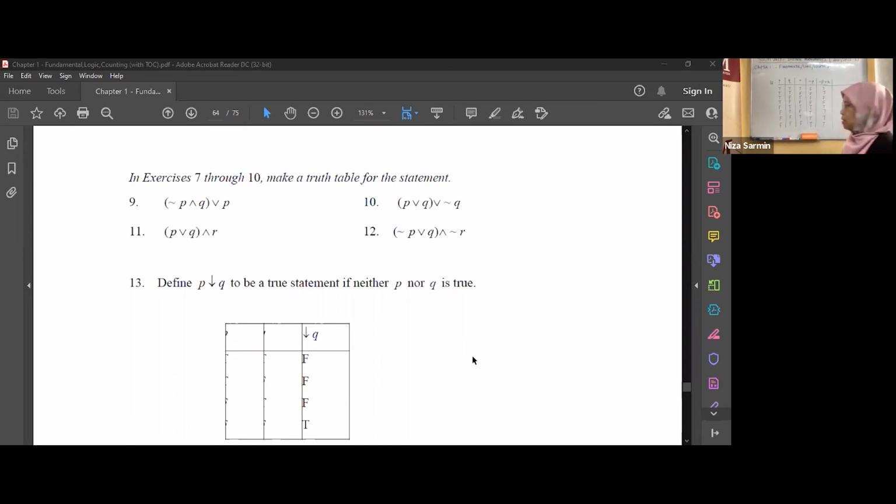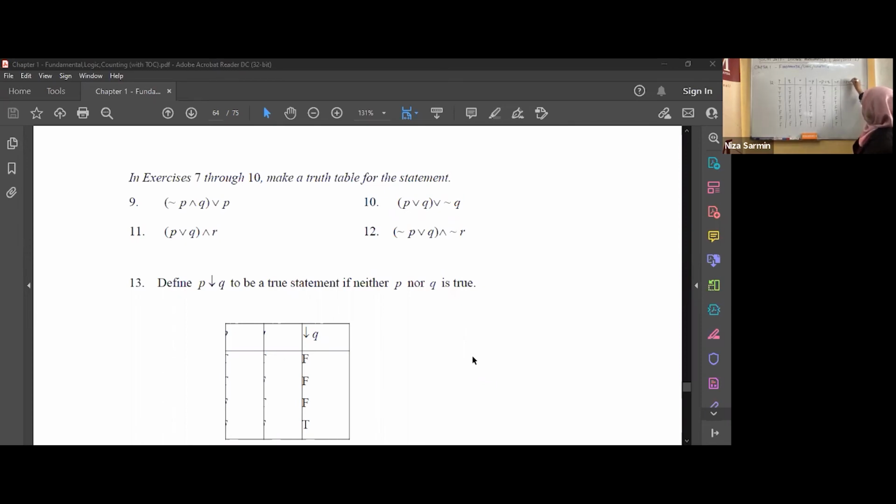Then not R: F, T, F, T, F, T, F, T. And then I have the rest, right?